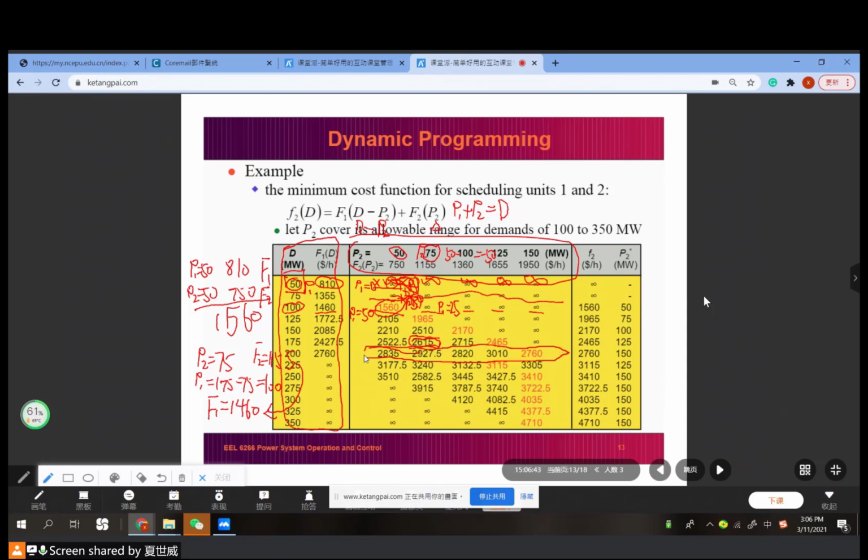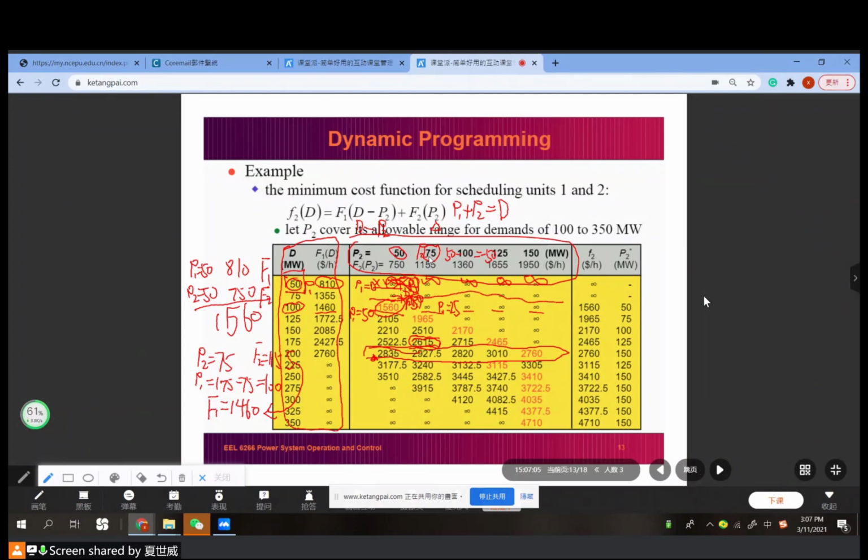You can choose any random row. It's okay. First, we want to analyze the meaning of this number. That means P2 equals 50, and P1 equals 150 because 200 minus 50. That means this cost is for P2 equals 50, P1 equals 150.